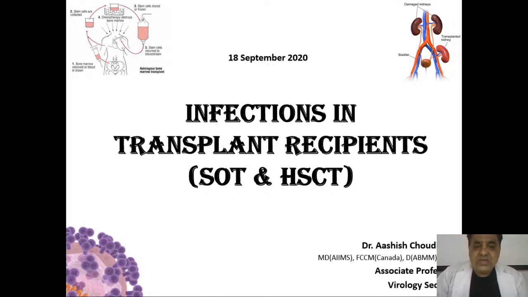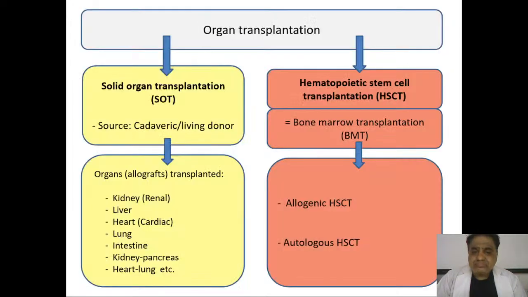Now, let's begin with infections in transplant recipients, that is solid organ transplant recipients, and hematopoietic stem cell transplant (HSCT) recipients. Now, when we talk of organ transplantation, we have two forms of organ transplantation.